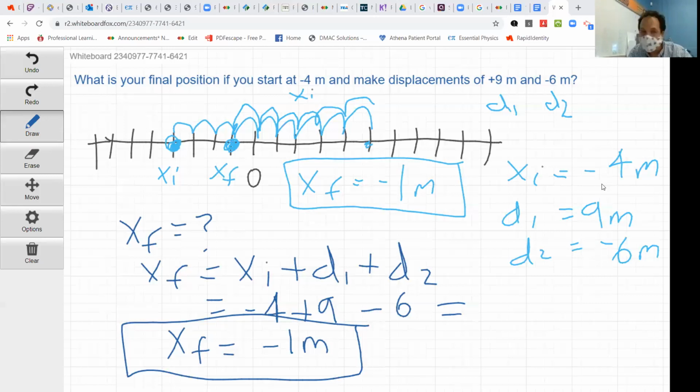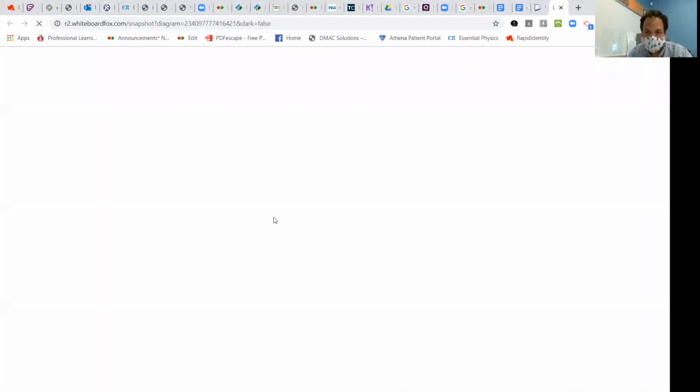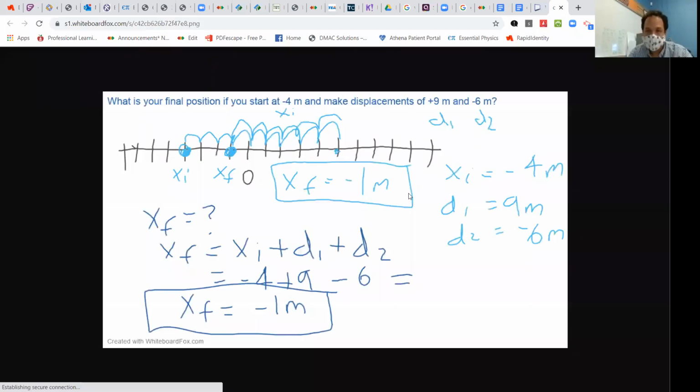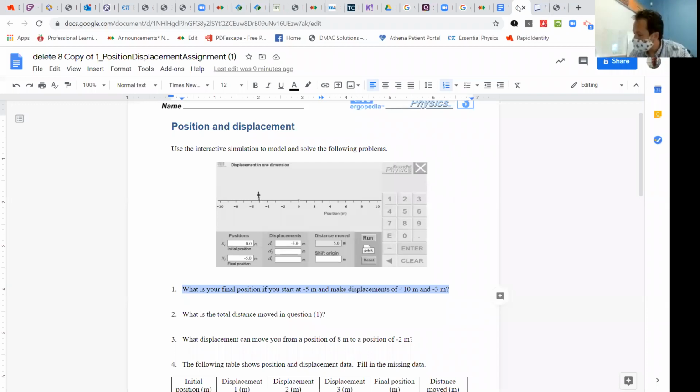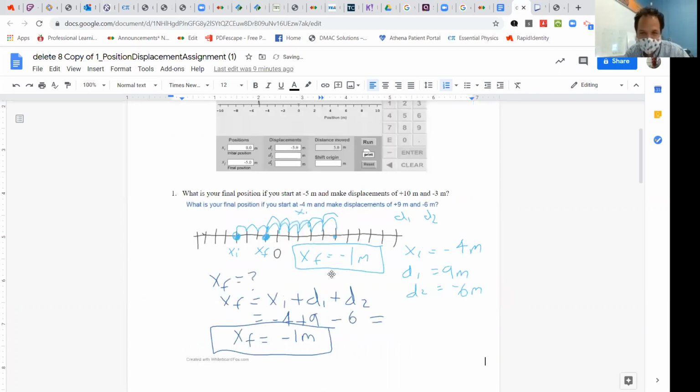So first, with this, I would snapshot it and put this in to our worksheet. So we just did number one, but this is not the answer for number one. This is just an example. I changed the numbers, but this is how you would put it in there.